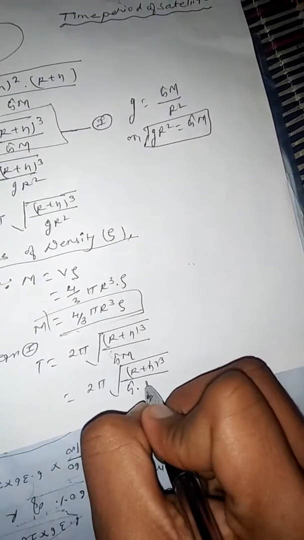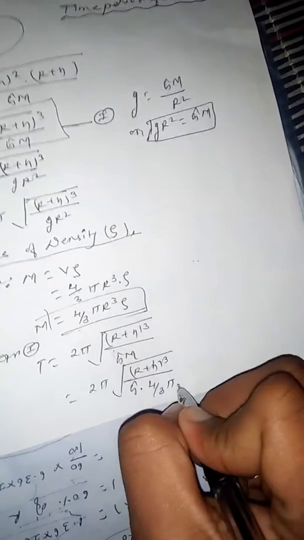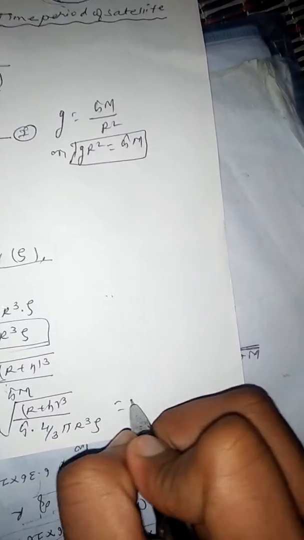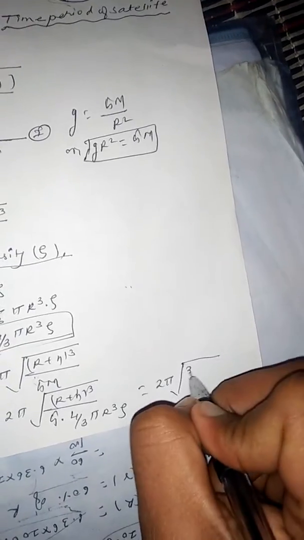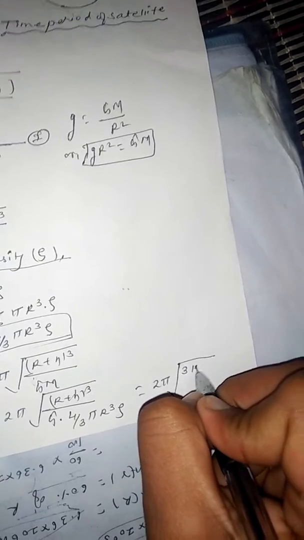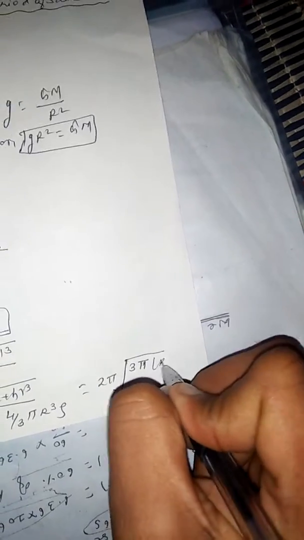Using the relation for mass, 4 by 3 pi r cube rho, this can be written as 2 pi root of 3 times (r plus h) whole cube divided by g into 4 pi r cube rho.